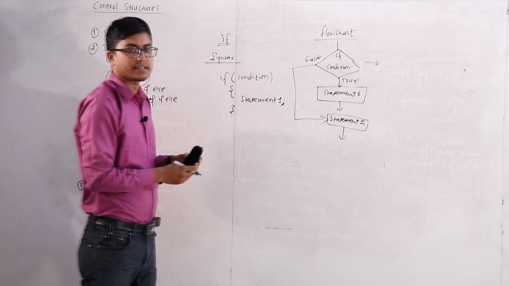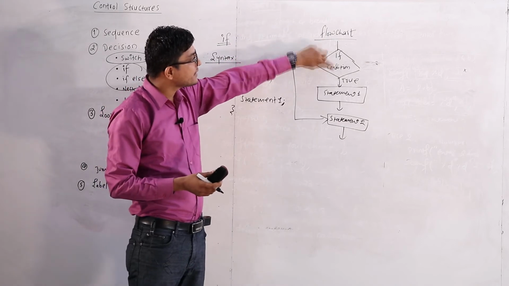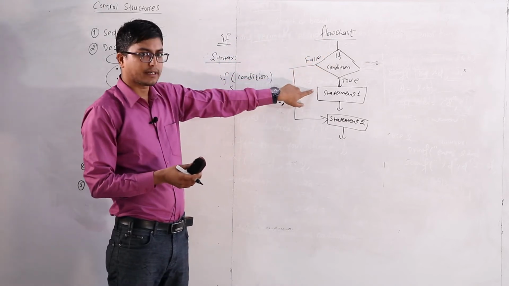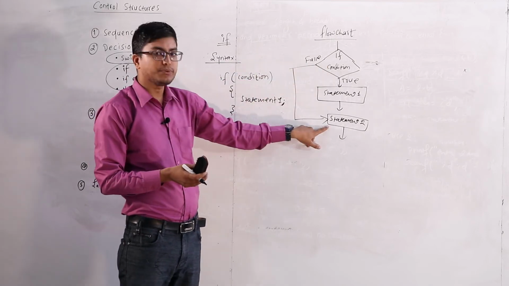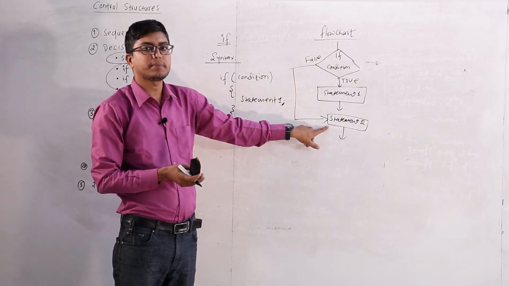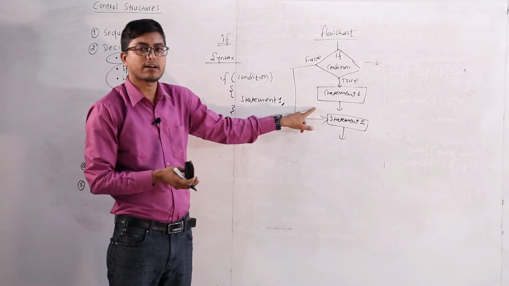You can write statements, or statement 1, 2, 3. In this flowchart, look here: if the condition is true, then statement 1 is executed. If the condition is false, statement 2 is executed directly. It means depending upon the condition, the execution of statements or instructions is altered.